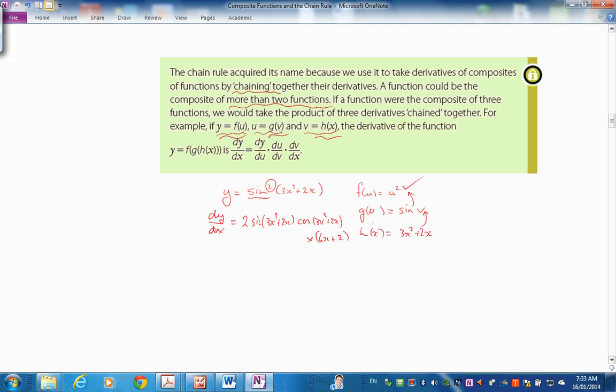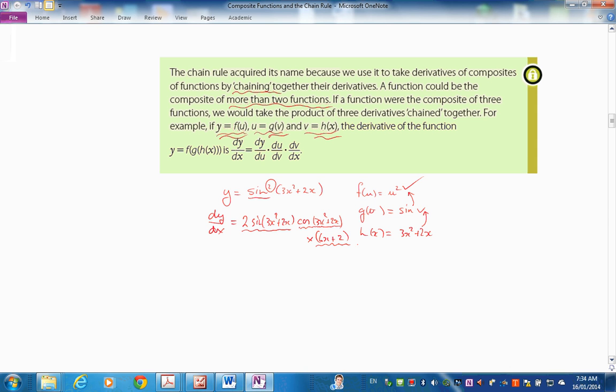Okay. So that's what we've got, a chain of derivatives. This is f dash u, this is g dash of v, and then h dash of x. All of those in a row.